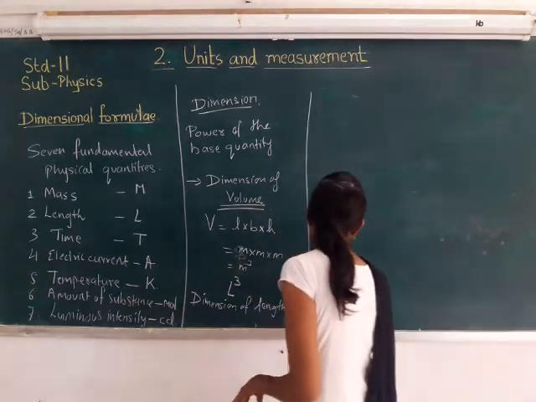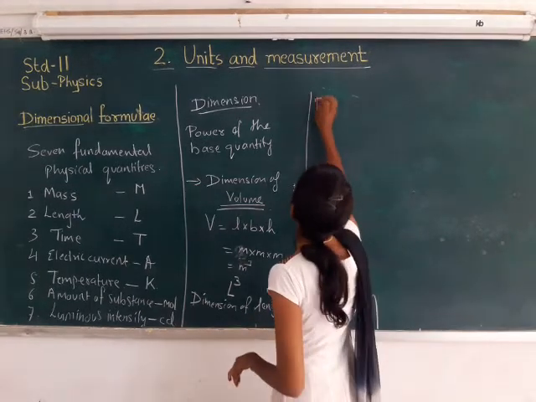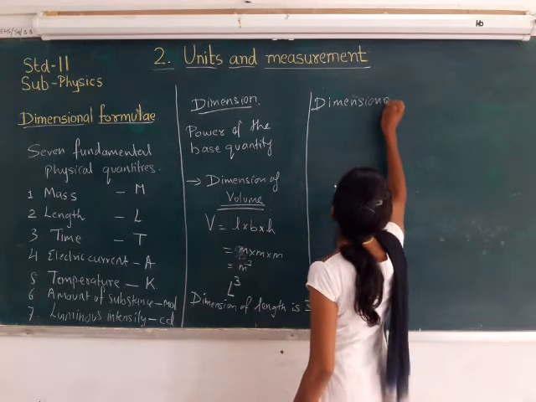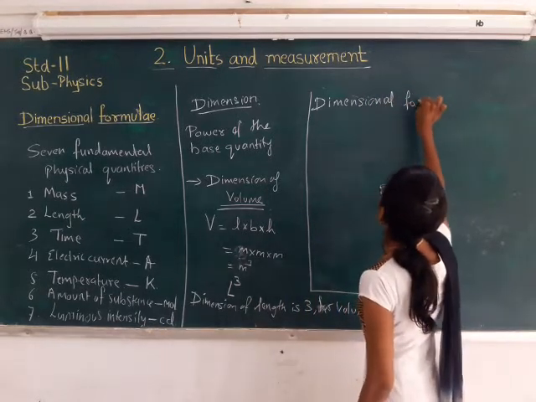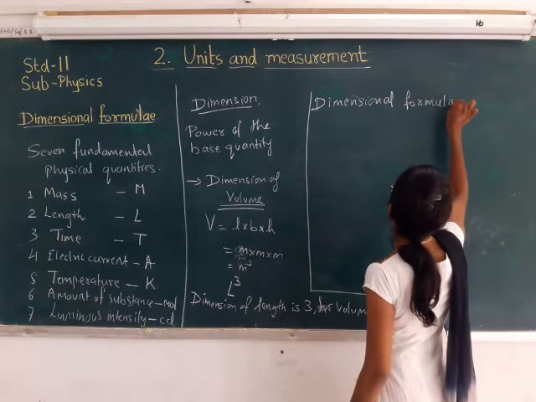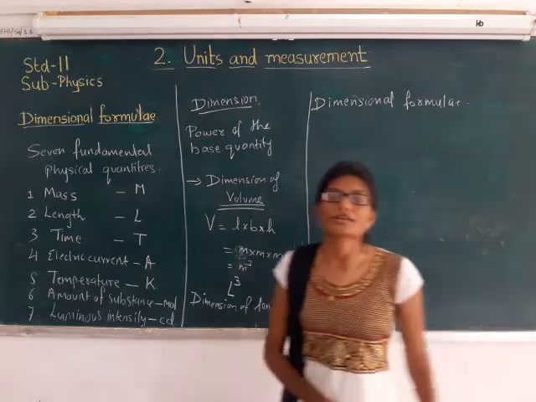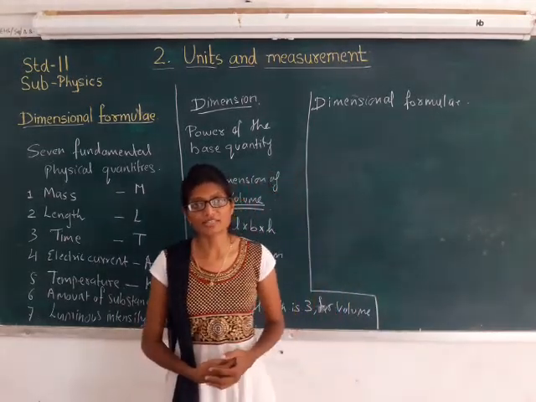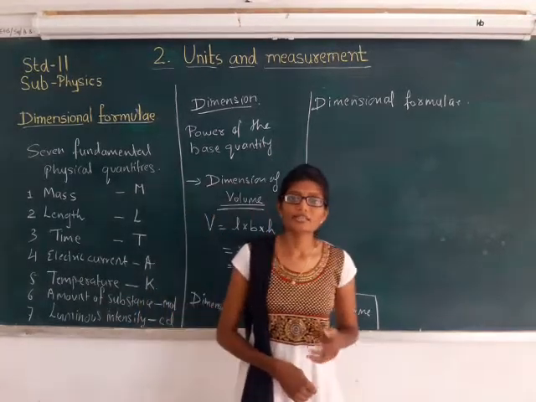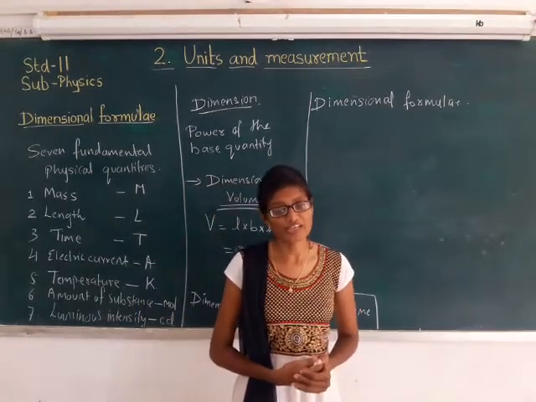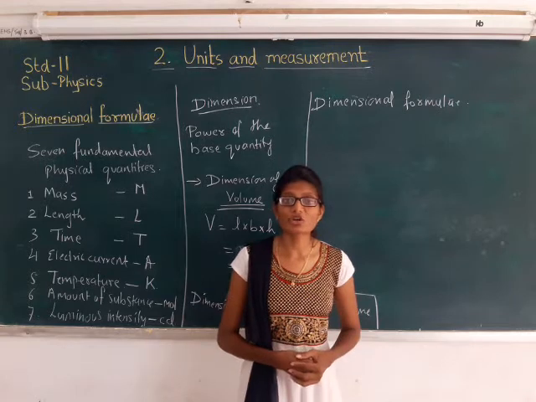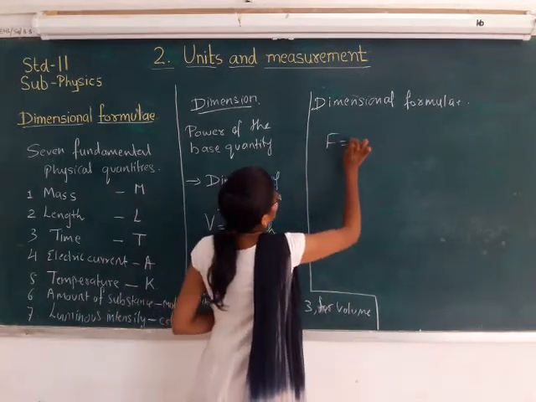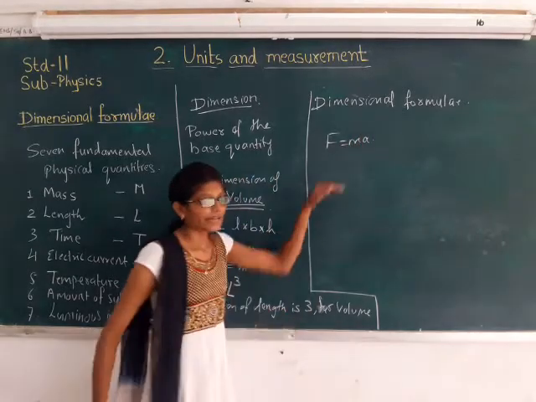Now, let us see what is dimensional formula. Now see, we have come across many formulas in physics, right? If we say what is the formula for force, then the formula for force will be F is equal to ma, right?